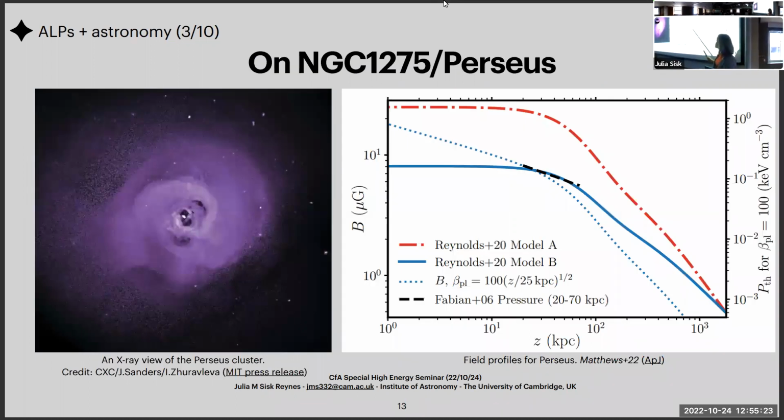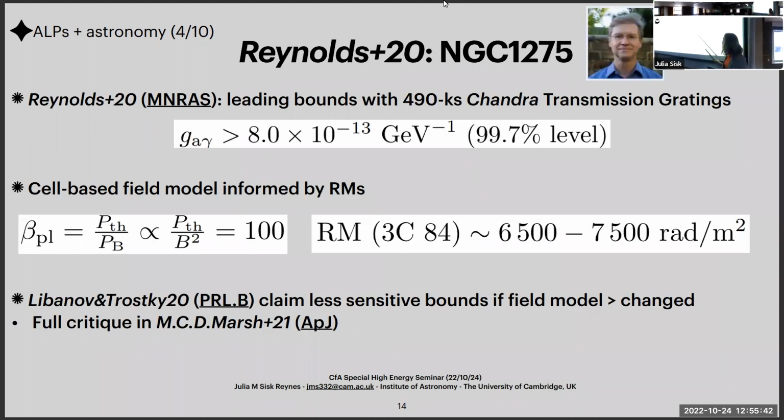And now I'll be introducing the constraints that we found from NGC1275, which is the central AGN within the Perseus cluster of galaxies that Chandra, of course, has studied both in imaging and spectroscopic mode. So in 2020, Chris Reynolds and collaborators found very tight constraints on low mass axions from a 490 kilosecond Chandra transmission grating observation of NGC1275.